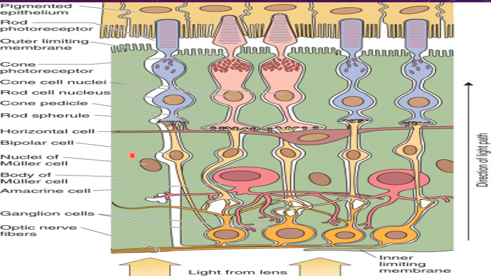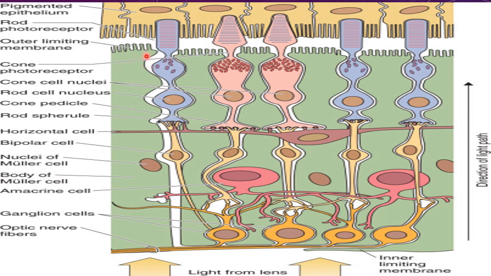The cytoplasmic extensions of the Muller cells extend towards the outer limiting membrane, reaching the area of the outer segments of rods and cones, and here they are making tight junctions or zonula occludens type of junctions at these areas of the rods and cones.